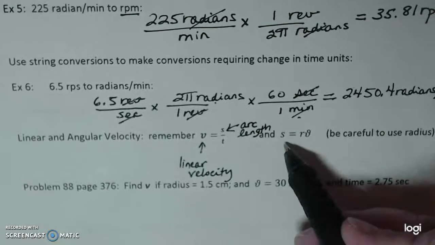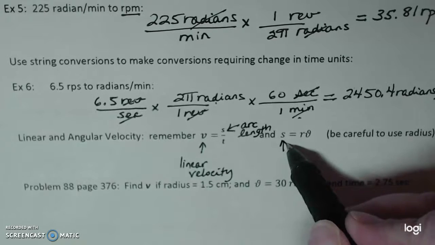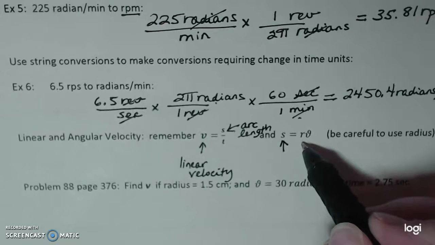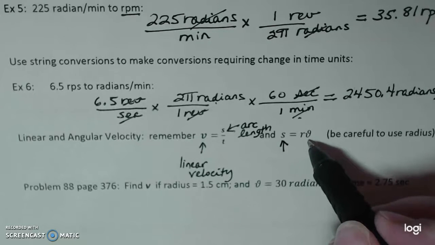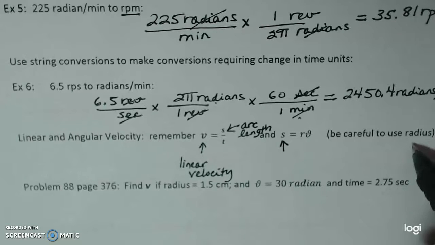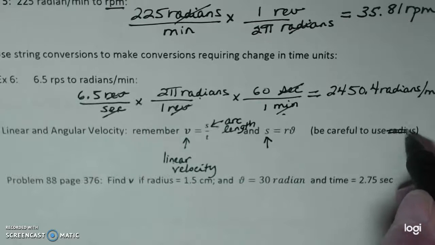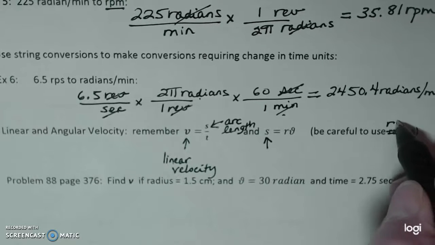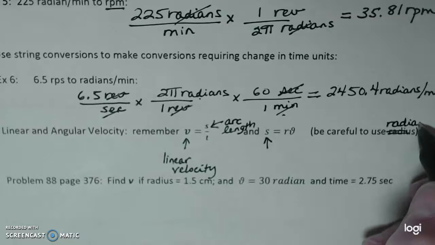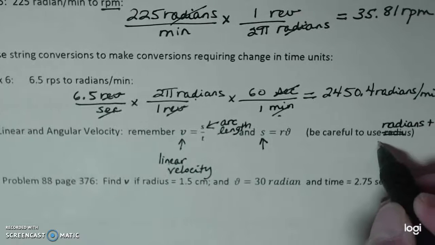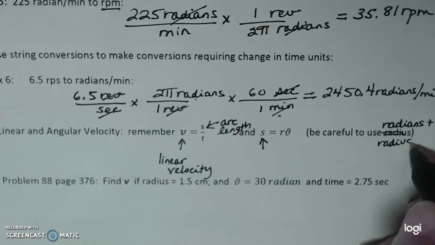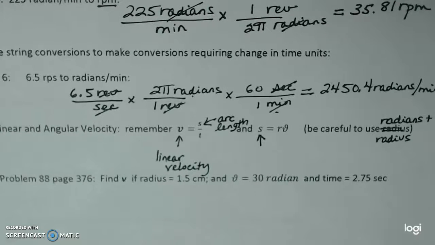And recall also that you can find arc length by multiplying radius times the angle measure of travel in radians. So on your notes, you might want to change, yes, we want radius, but we also want radians. Make sure that you're not working with diameter there.